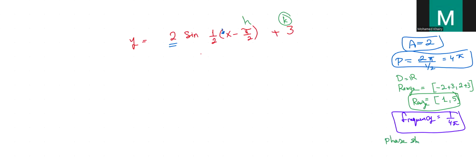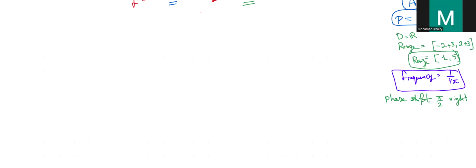As you can see, it's pi over 2 to the right. Excellent, because there's already a negative sign. Do I have a vertical shift? Yes, we have a vertical shift, which is 3 units up, right? And after this, what is the midline? Midline y equals 3.